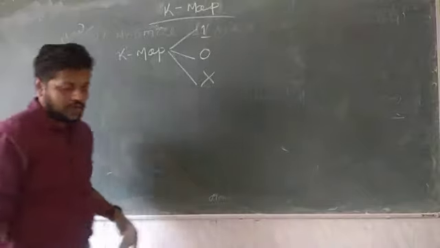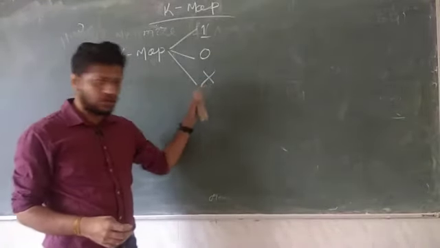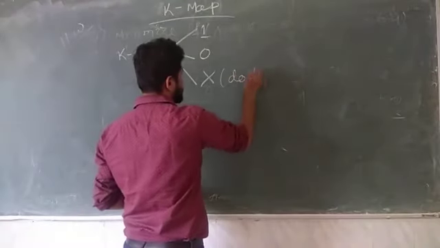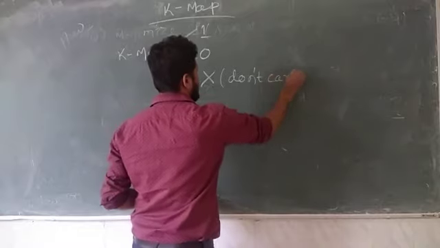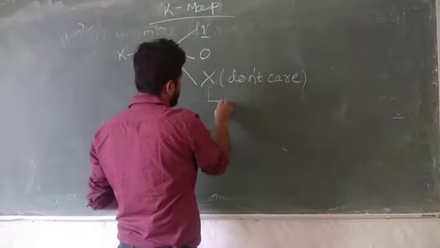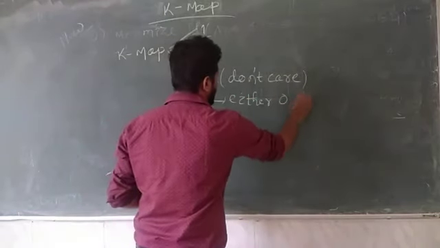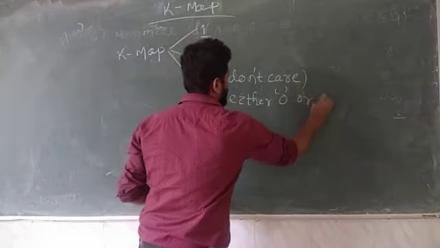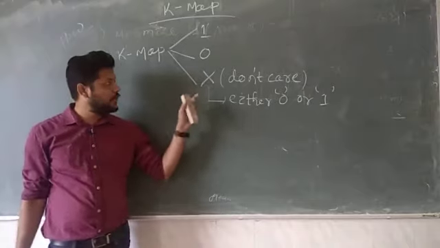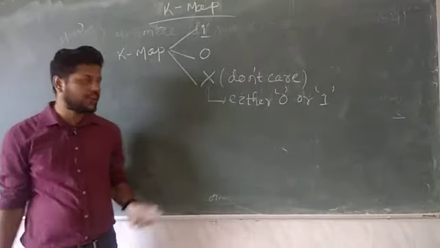In K-map, either the cells are filled up by 1 or 0, or this is your don't care. This cross symbol stands for don't care. This can be either 0 or 1. This don't care condition often comes across in sequential circuits or in many combinational circuits as well.